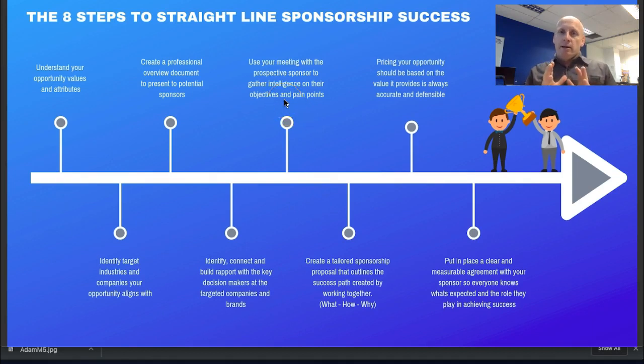You want to get the meeting with that person. Once you've built that rapport, your main goal and objective is to get some one-on-one time with that person, preferably face-to-face. If not, you could do it via online video, and lastly probably on a phone. But I think it's very impactful to have a face-to-face meeting.